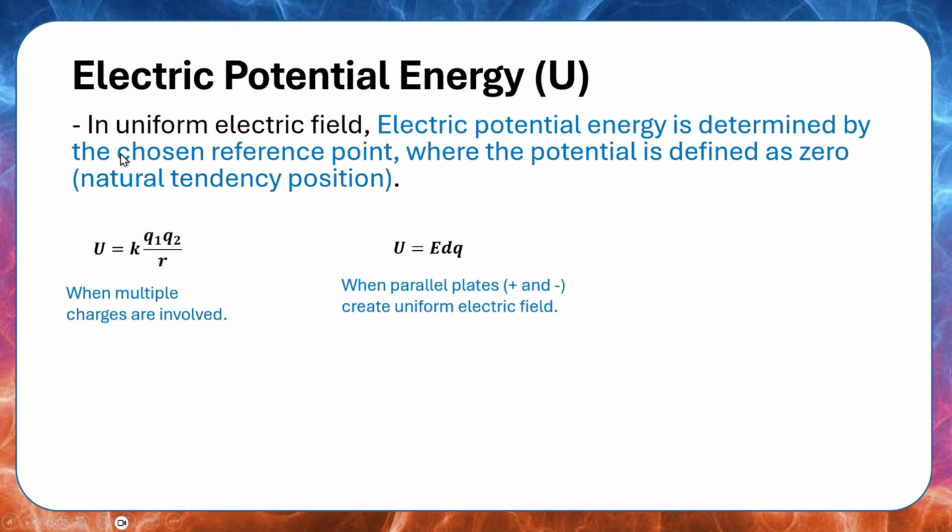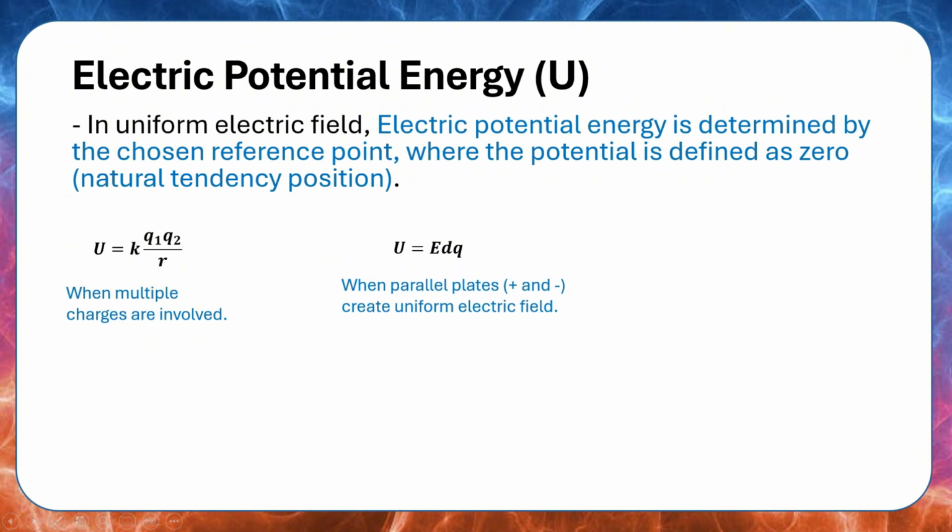Okay? And in a uniform electric field, remember, as what I've said a while ago, electric potential energy is determined by the chosen reference point, where the potential is defined as 0, which is located at the natural tendency of the charge. So, for example, if it is positive, its natural tendency is the negative plate.